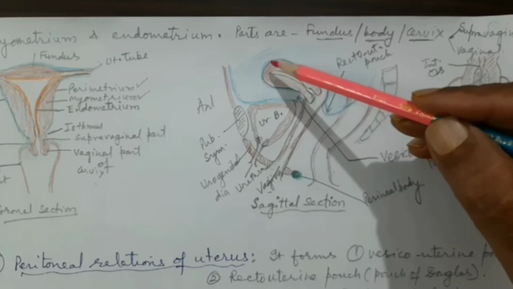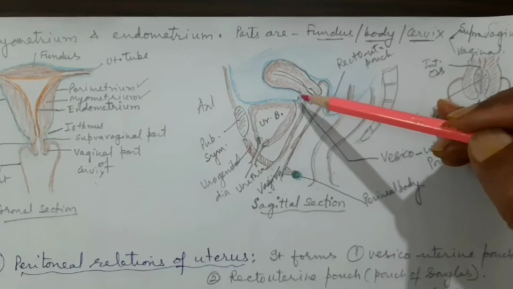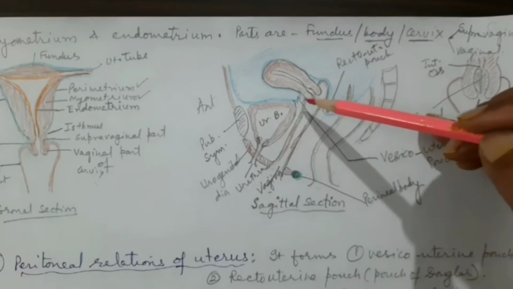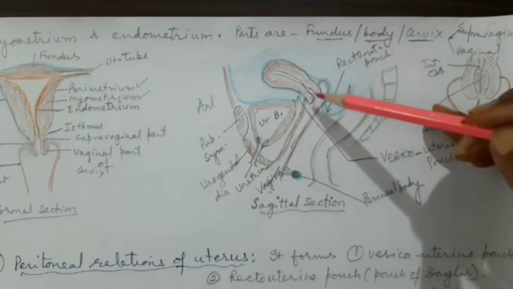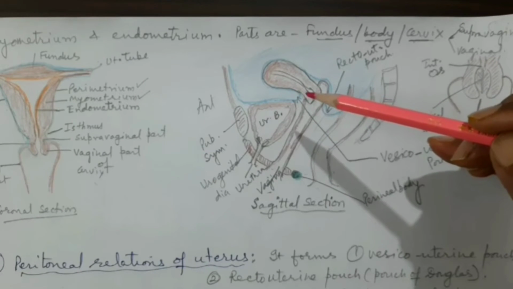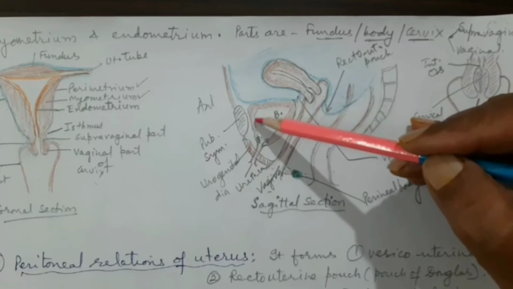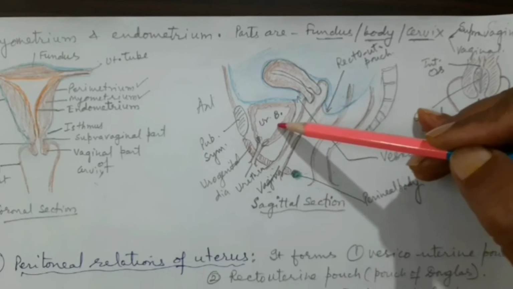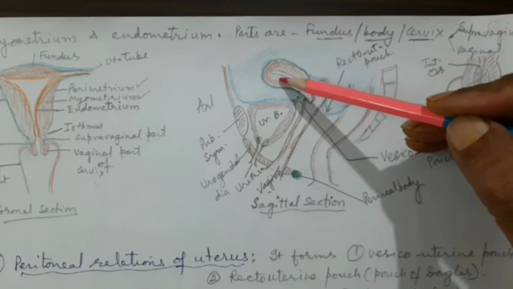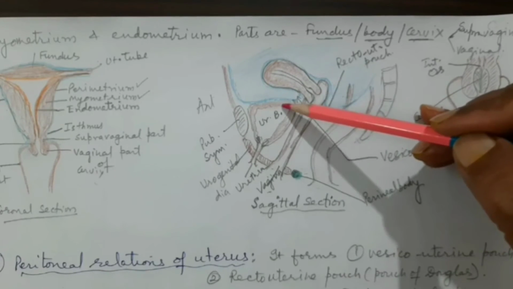So these are the two relations of the uterus anteriorly. The body and cervix, that means the whole anterior surface of the uterus, is in relation to the urinary bladder. Now when the urinary bladder is empty, then this uterus will come and lie onto the superior surface of the urinary bladder.